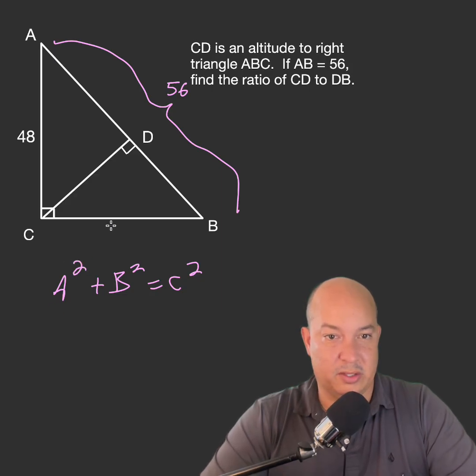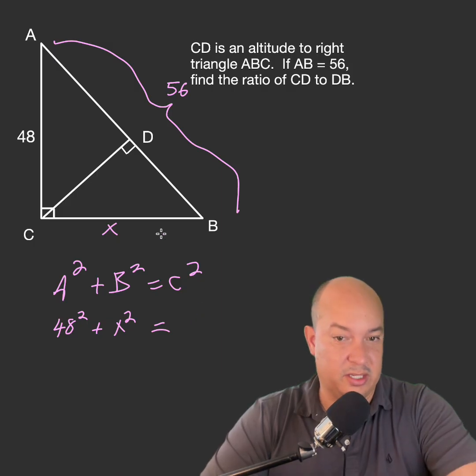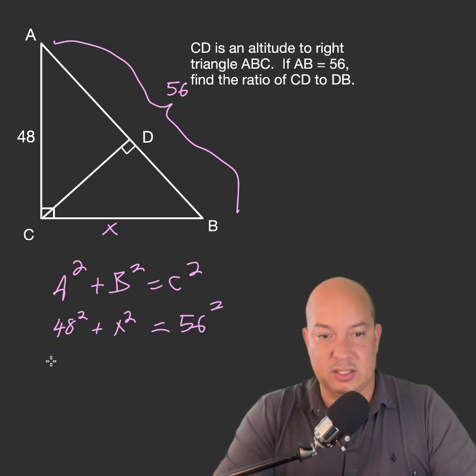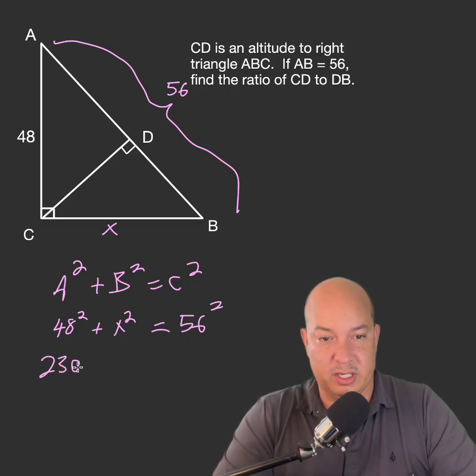So let's just call this x right now. So we can say 48 squared plus x squared equals c squared. But actually our hypotenuse is 56, so let's put that in there. 56 squared. And 48 squared is 2,304 on the calculator.